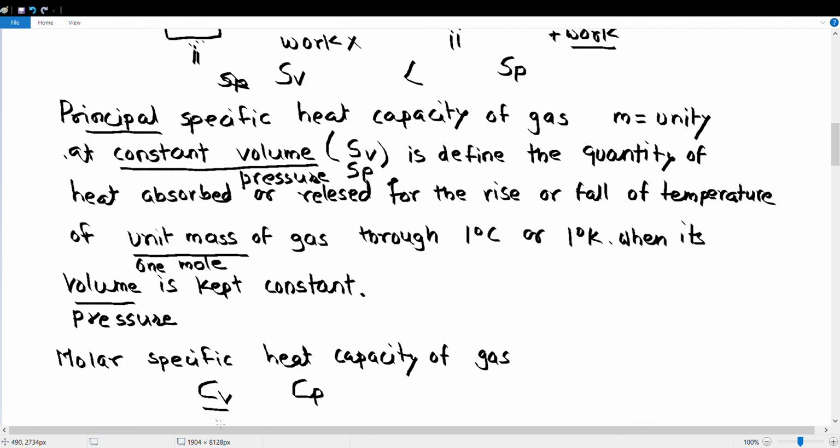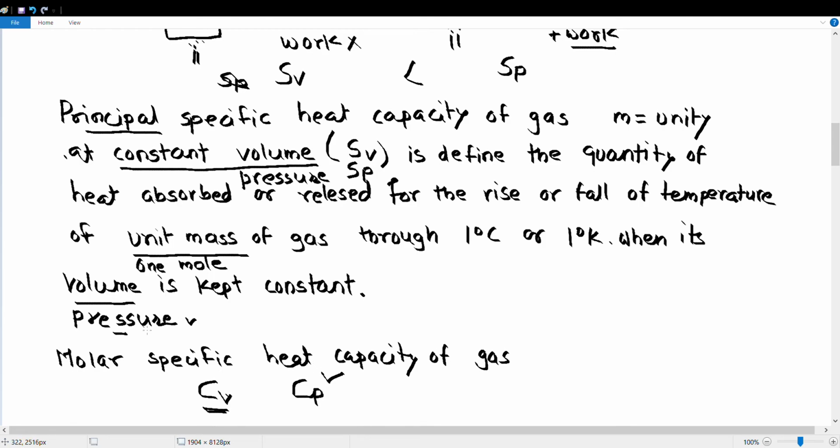Instead of volume, the molar specific heat capacity at constant pressure is defined the same way, for the rise or fall of temperature of 1 mole of gas through 1 degree Celsius or 1 degree Kelvin when its pressure is kept constant.